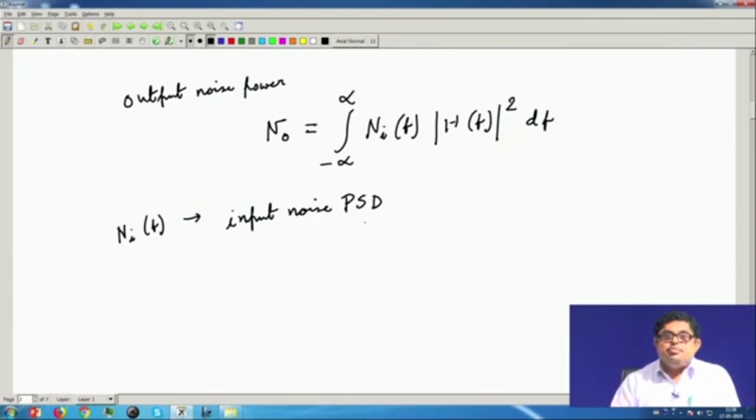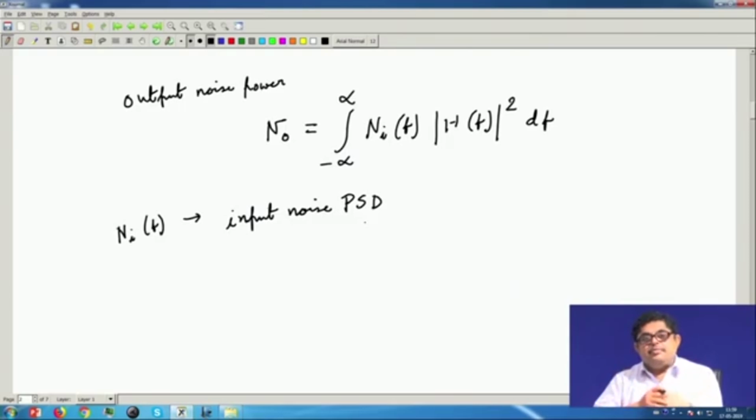It is a general input noise PSD that can always be found, because you take various samples of noise, either ensemble samples or time samples, and there are various properties of noise by which we can find the correlation between them.